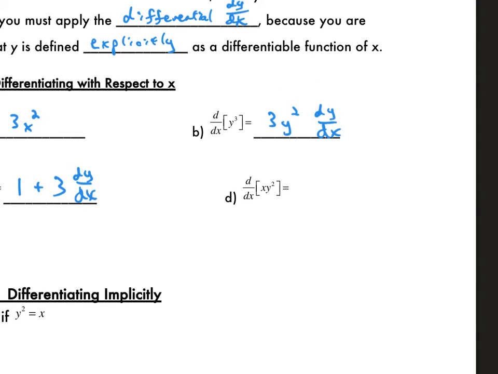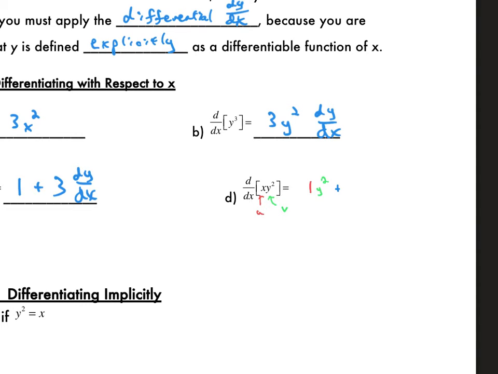Now, this one down here is a little bit more interesting because we have to deal with something called the product rule. Oh no, oh yes. Okay, so when we deal with the product rule, we have to think of this x as my u, and this y squared as my v. So when I go to do the product rule, it's going to be u prime, which is 1, times v, which is y squared.